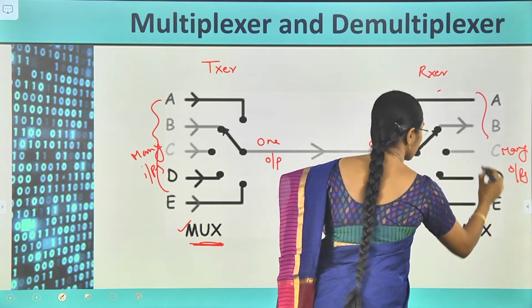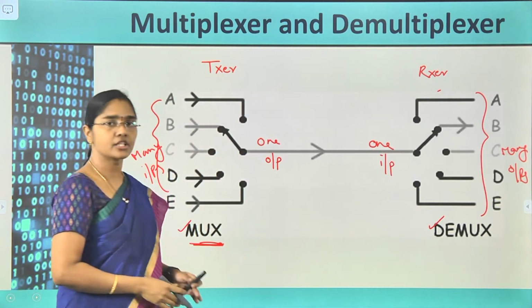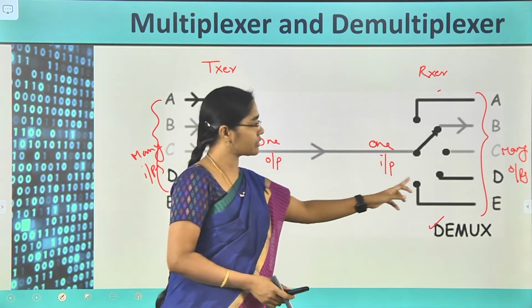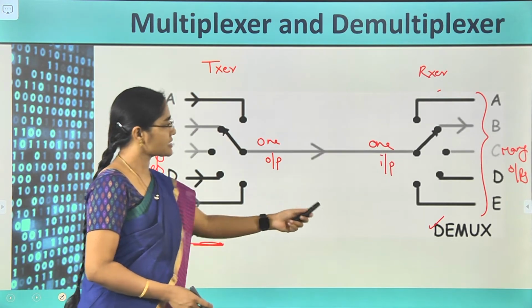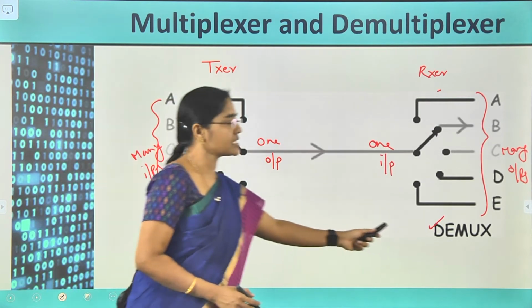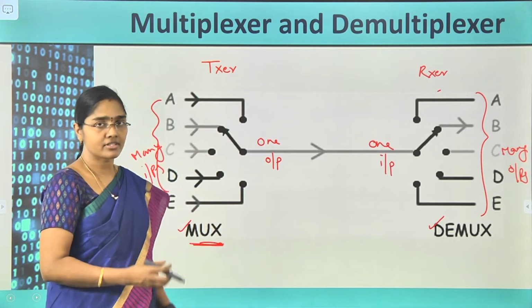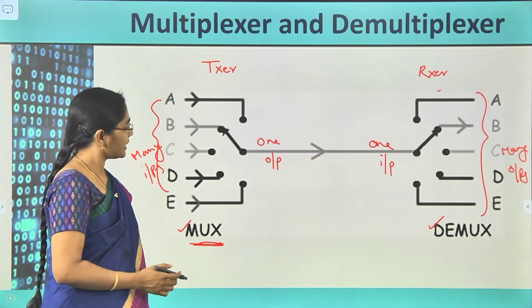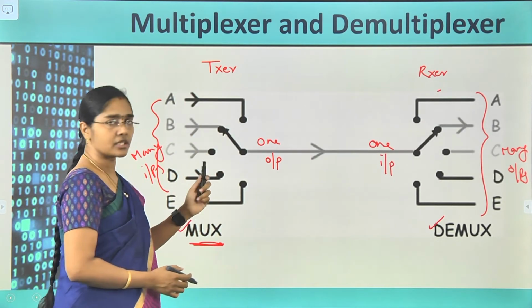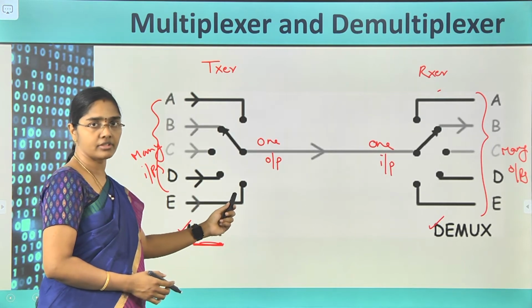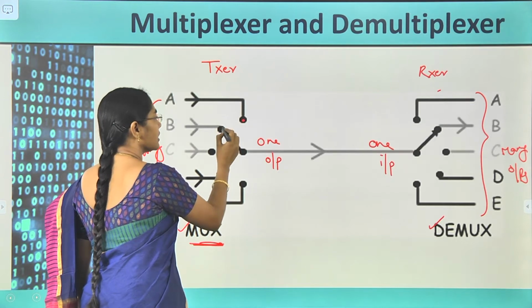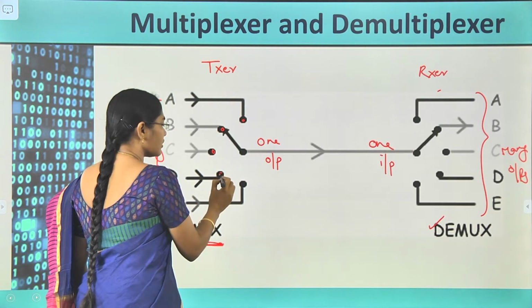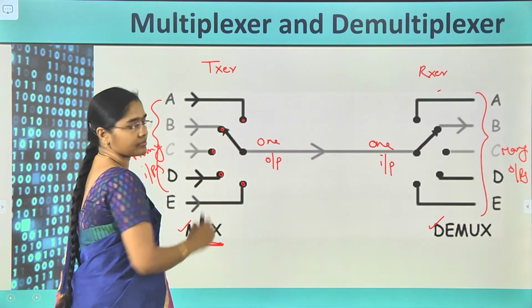So, this demultiplexer is a combinational circuit which has one input and many outputs. From this we can understand that multiplexer and demultiplexer both are exactly reverse operations. And what is the multiplexer doing? From this figure we can understand that multiplexer is connecting to only one of the input signals at a time.